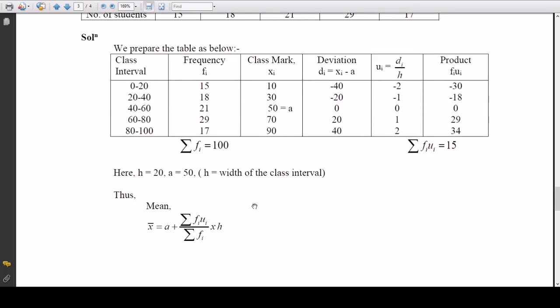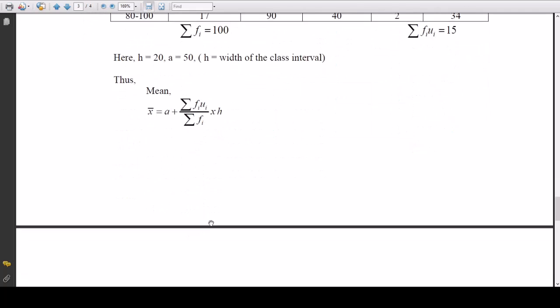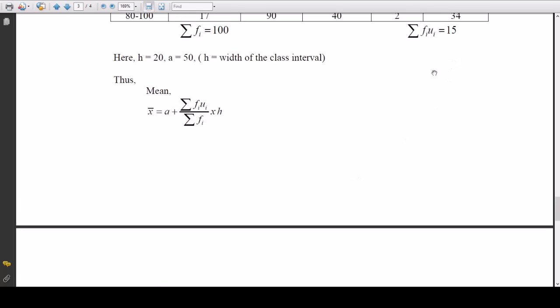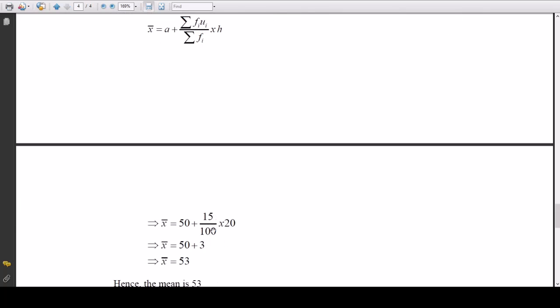Hence the mean will be, you will use this formula. Mean is a plus summation fi ui by summation fi multiplied with h, where a is 50 we have taken and h is the width, which is 20. Substituting values here, a is 50, fi ui is 15, by 100, the sum of frequency, multiplied with h, which is 20.